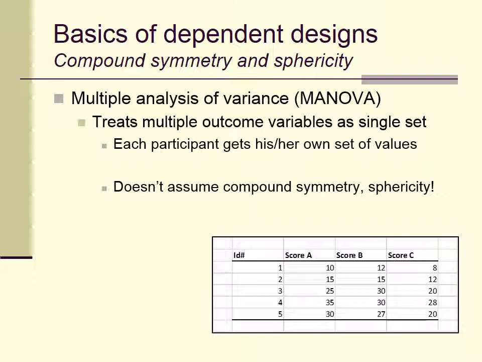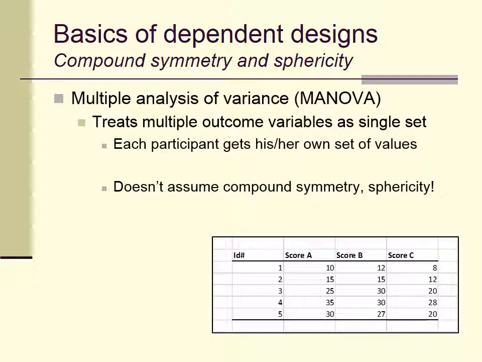If you only had 2 levels of an outcome variable, then repeated measures ANOVA is fine. In fact, it probably has better power than MANOVA for that comparison. If you had 3 or more levels of a dependent factor, repeated measures ANOVA, the univariate approach, may do just fine if the assumptions of compound symmetry and sphericity are met, or at least almost or mostly met.